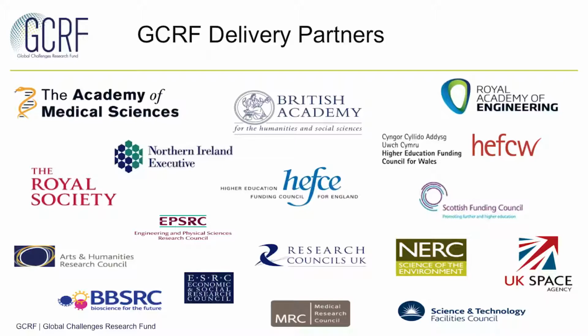It's worth noting that the GCRF has multiple delivery partners, and it's a fund specifically rather than a programme. This means that the different organisations involved in delivering activities can focus on different aspects, such as the academies focusing much more on developing skills, training and individuals, and the research councils focusing more on the research need and the way that research can contribute to delivering against these goals.